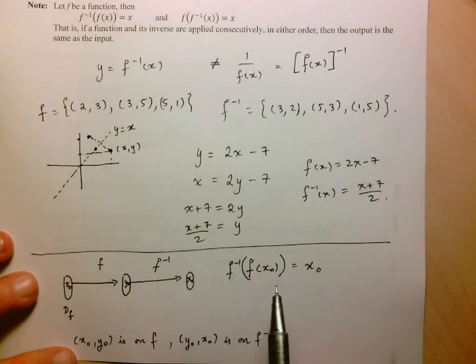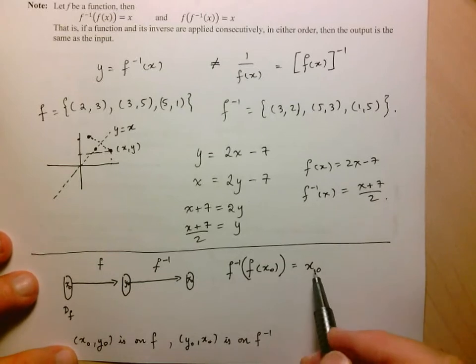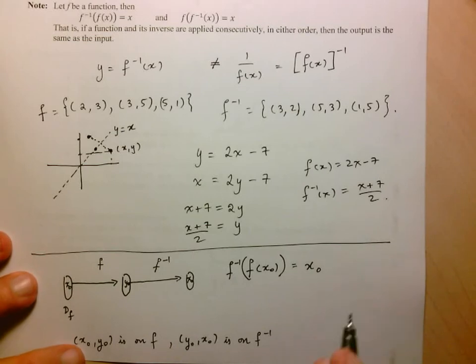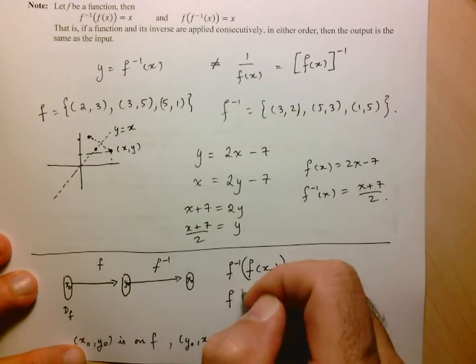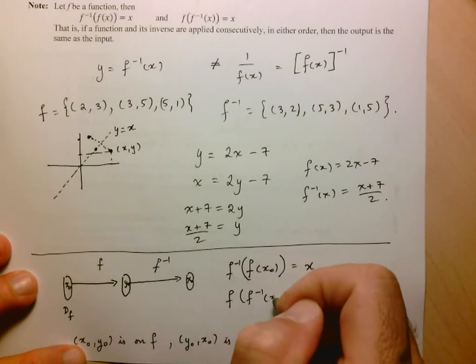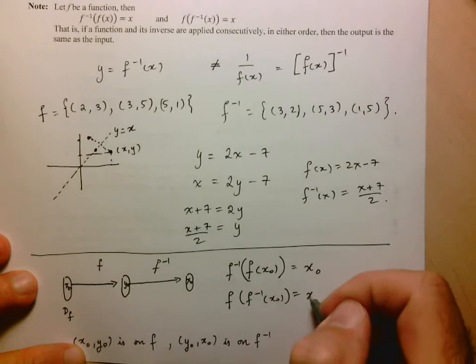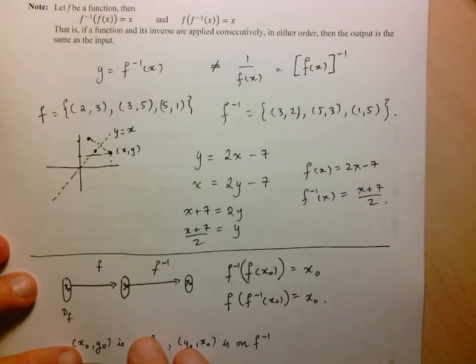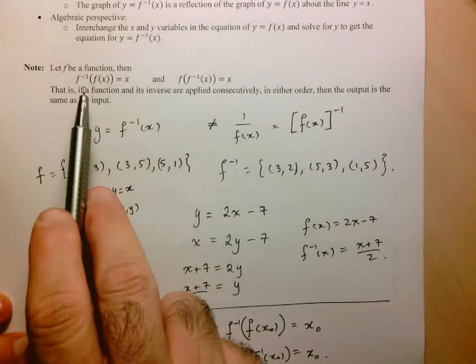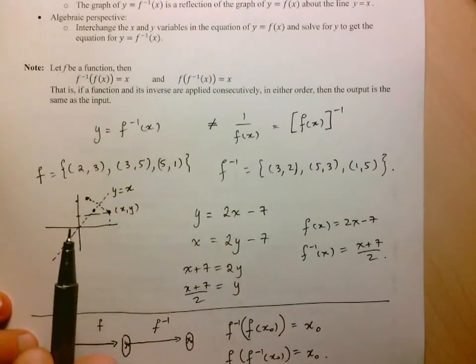So if I apply a function followed by its inverse, I get back to my original input, and I can make a similar argument to justify that if I apply an inverse function to an input, followed immediately by the original function, I again will get to my original input. That's what this note is telling us about.